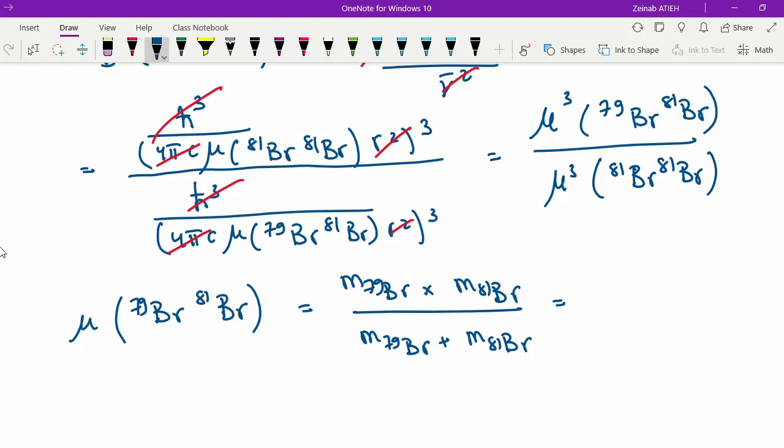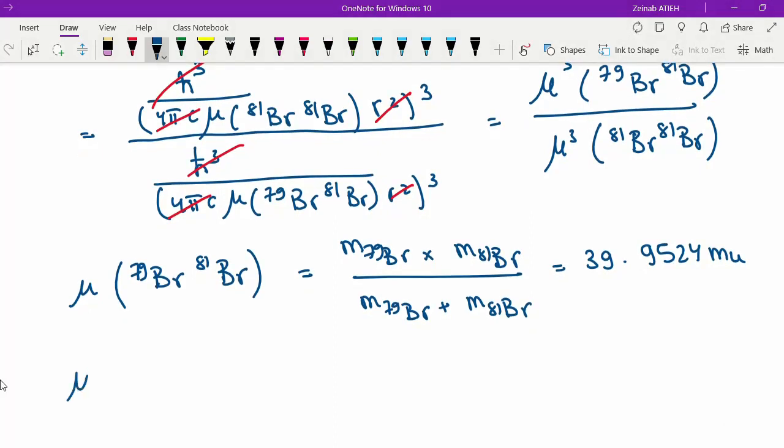So just substitute and you will get 39.9524 atomic mass units. So I keep it in atomic mass unit because it's a ratio and it will cancel out at the end.